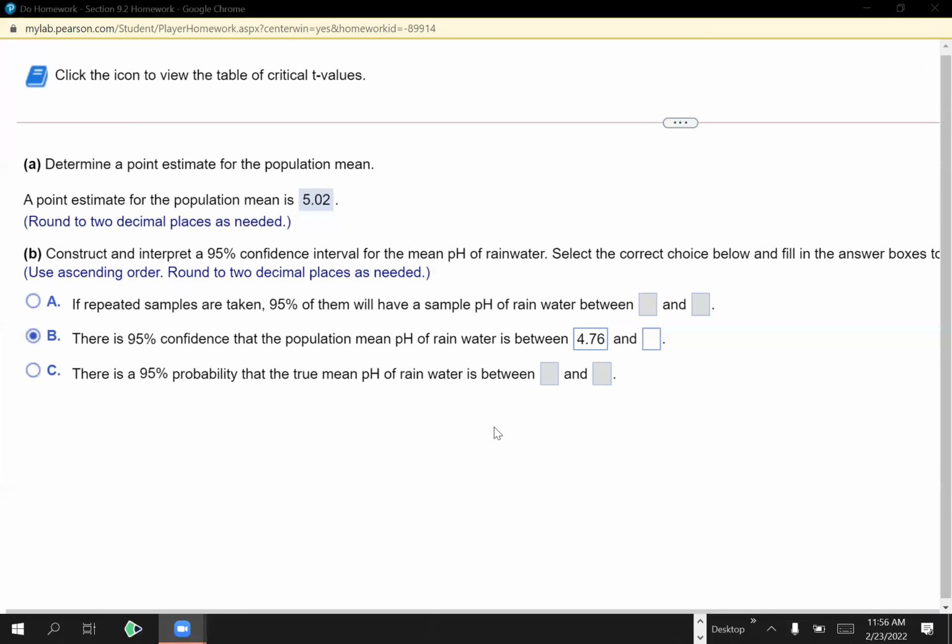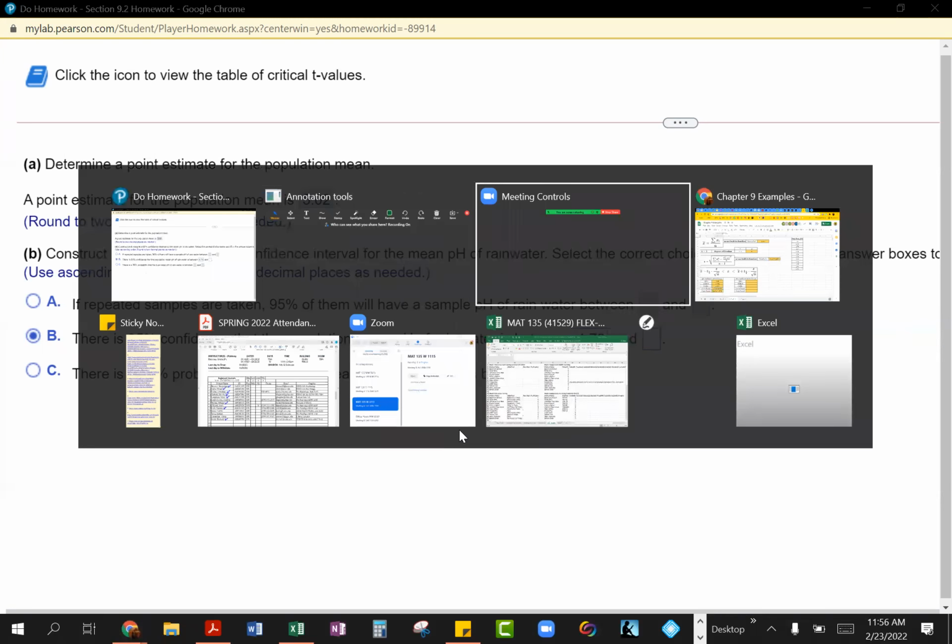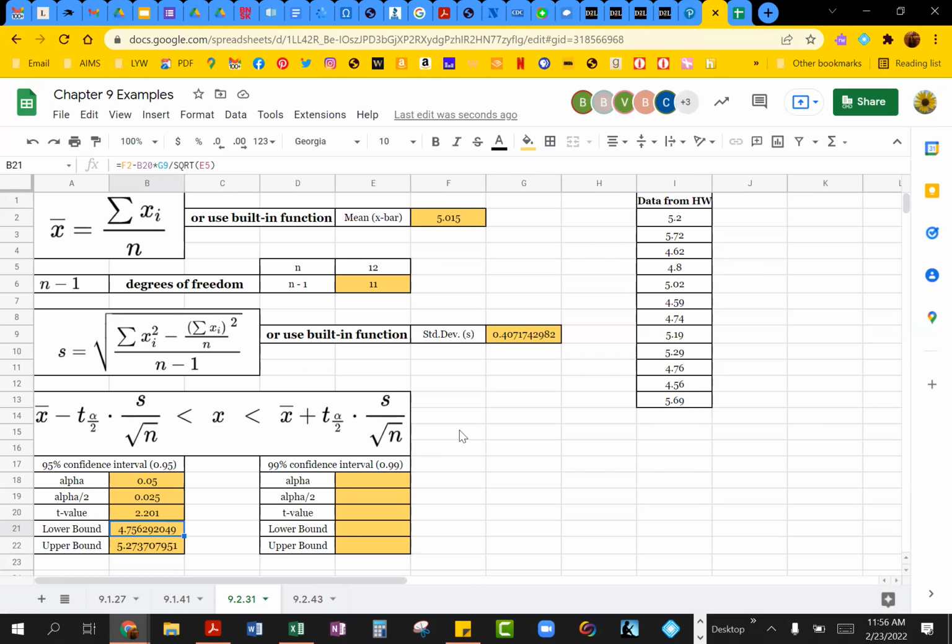And remember, this is the mean. We are talking about the mean pH value, because your mean is coming out to be 5.02. So we have 95% confidence that your mean can be anywhere between 4.76 to, what will this come out to be, 5.27?